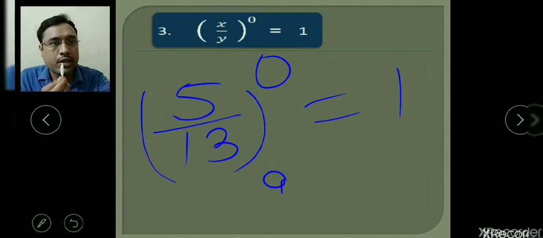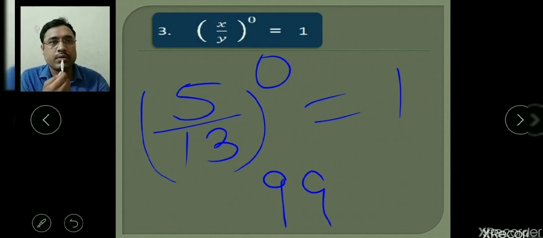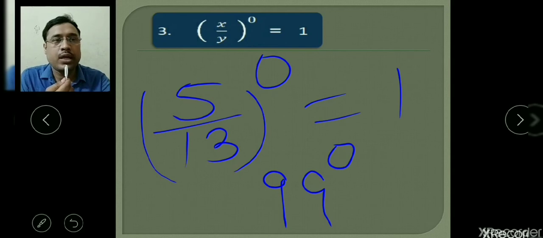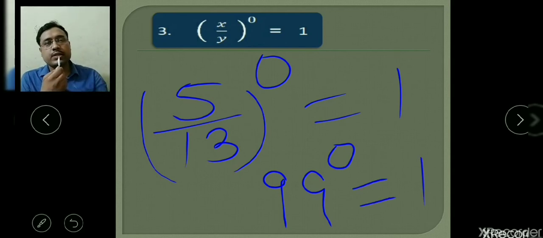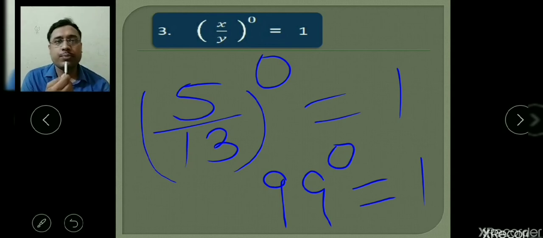Similarly, if you take 99, which is a very large number, and give it power 0, then 99 raised to the power 0 is equal to 1. If the number is negative, minus 5 raised to the power 0, that is also equal to 1. The base is any rational number, negative or positive, any number. Power is 0, then the result is 1.